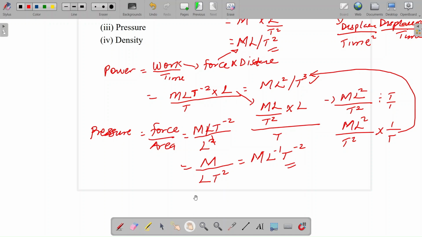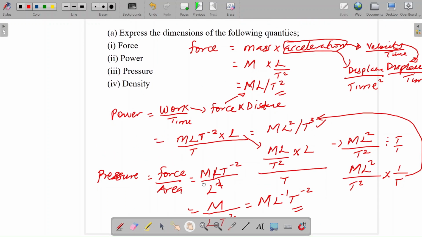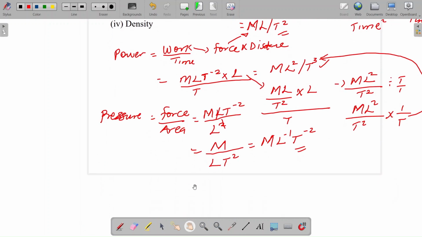So the next one is density. So density is what? Mass over volume. That is the formula: mass over volume.